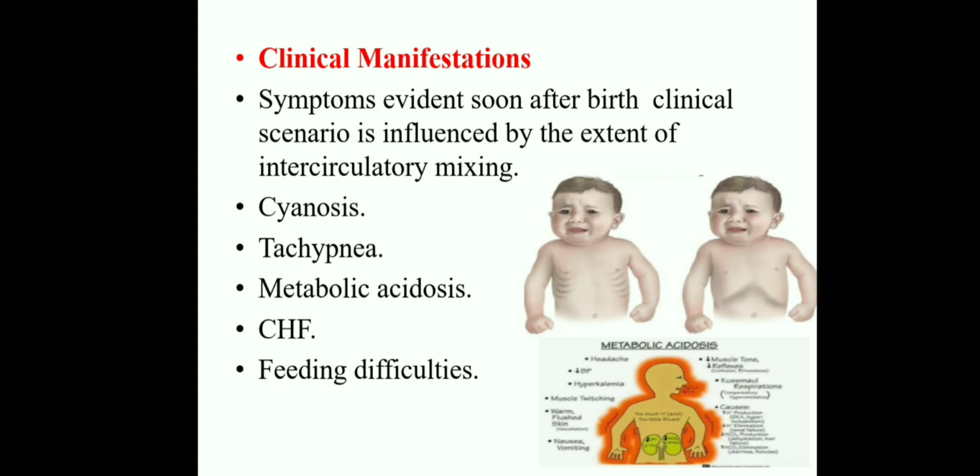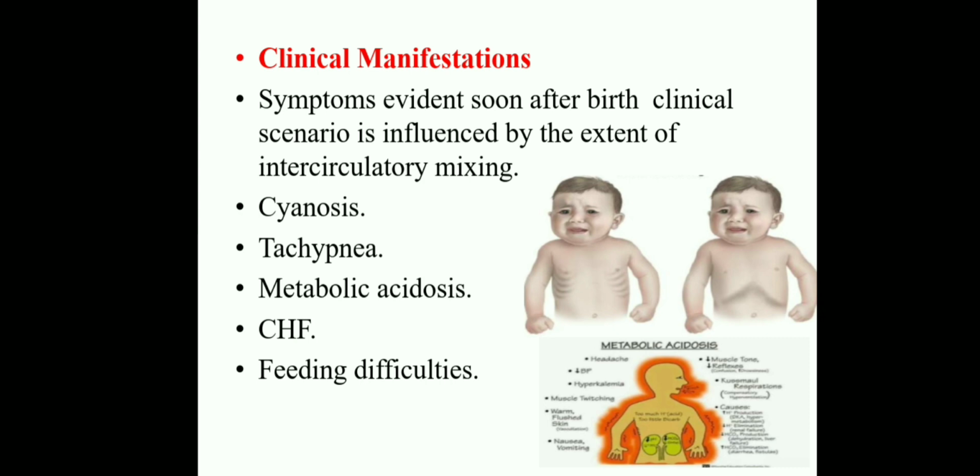It means the child is suffering with cyanosis. You know the symptoms of cyanosis. The child is suffering with cyanosis at birth. At the same time, in the child's extremities, and whenever the baby is crying, the cyanosis is automatically present. Clubbing of nails is also there, and the child suffers with tachypnea, metabolic acidosis, congestive heart failure and feeding problems.